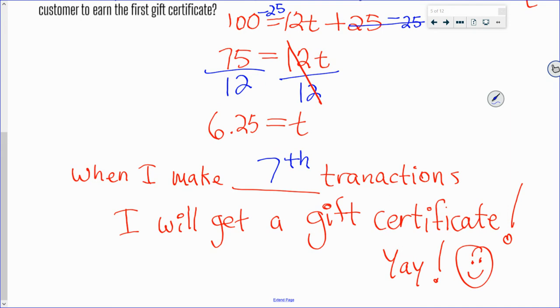I have to actually realize, if I get 6, I'm not going to have quite enough points to get that gift certificate. But if I just bump it up to 7, which I can do because I can't get 6.25, then at the 7th one, I've got my gift certificate, and that's what I want to have happen. So that's what the standard's talking about.